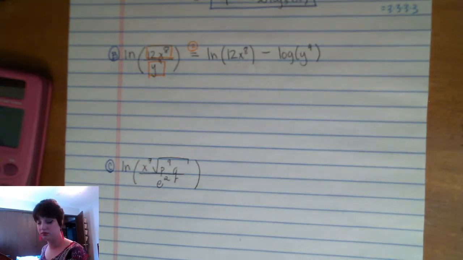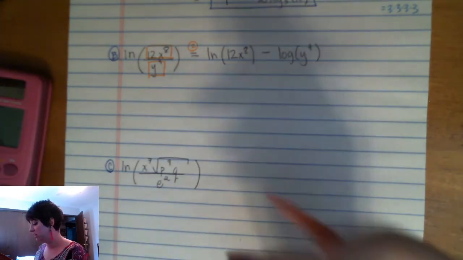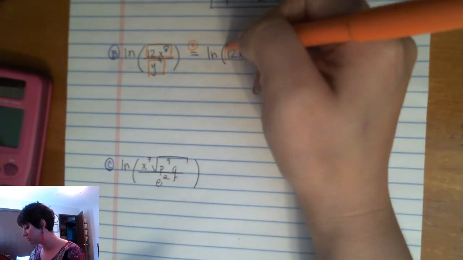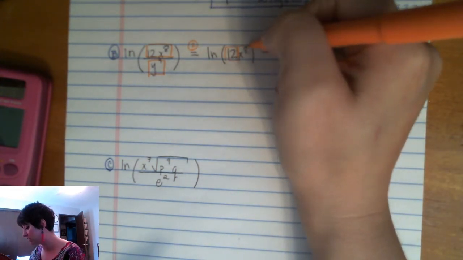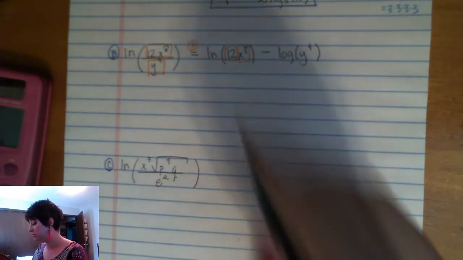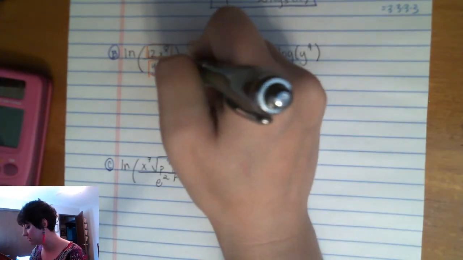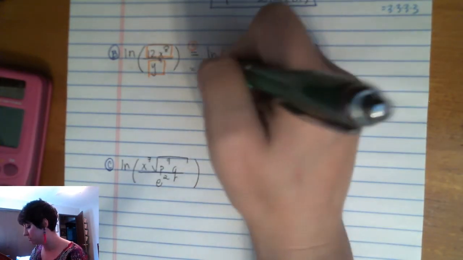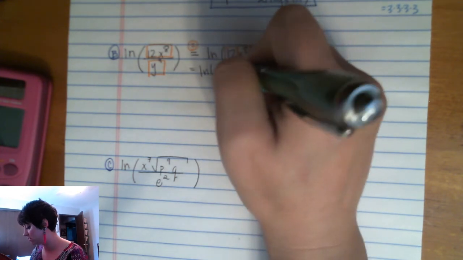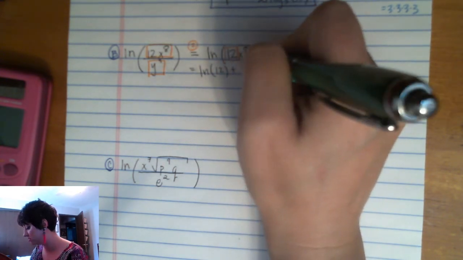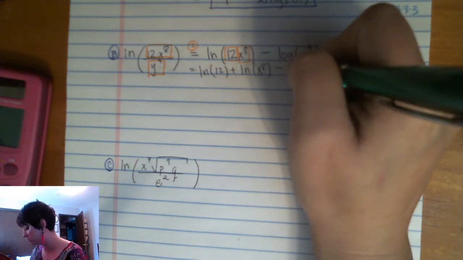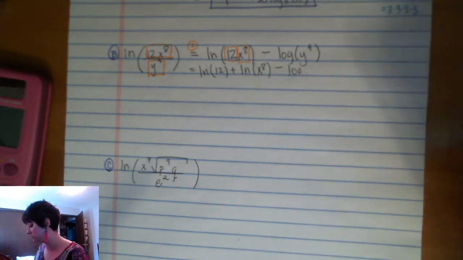All right. Then in this one, I have a product because I have 12 times x to the 8. So that means I get to write log of first plus log of second. And then I still have log, oops, I wrote log instead of ln.